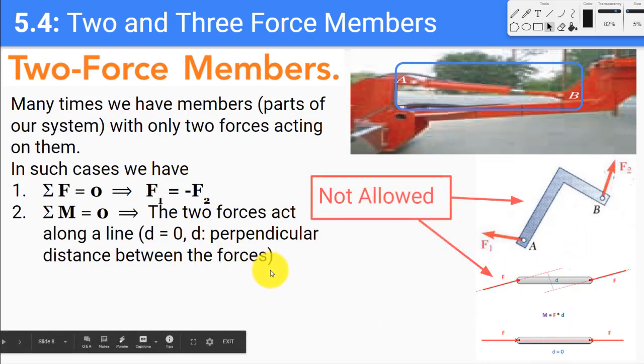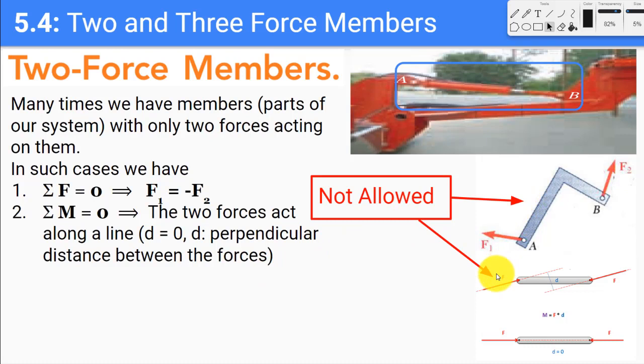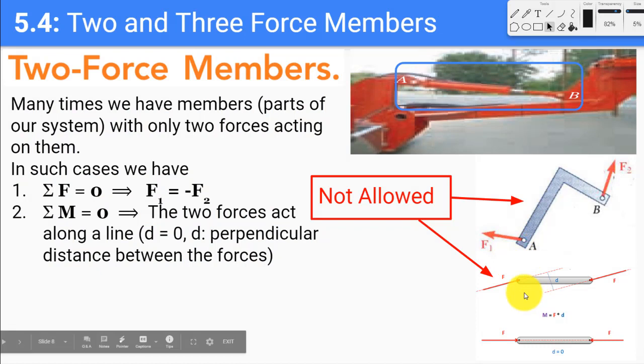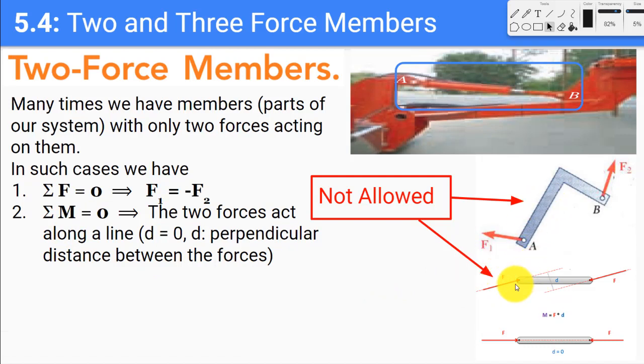Okay, so both these first and second cases are not allowed. The first case is not allowed because these two forces are not equal, and their directions are not opposite to each other, and the second case is also not allowed because these two forces do not lie along the same line, which means that the couple moment won't be equal to 0. So these two bodies cannot be in equilibrium.